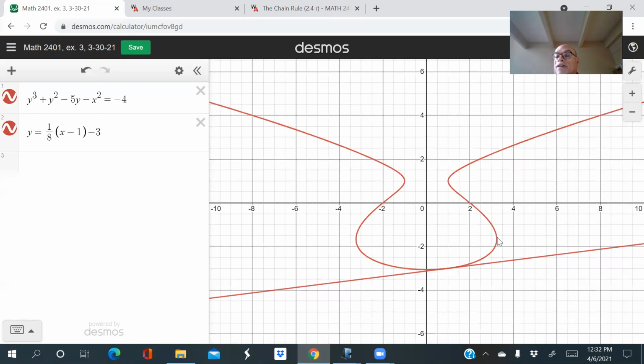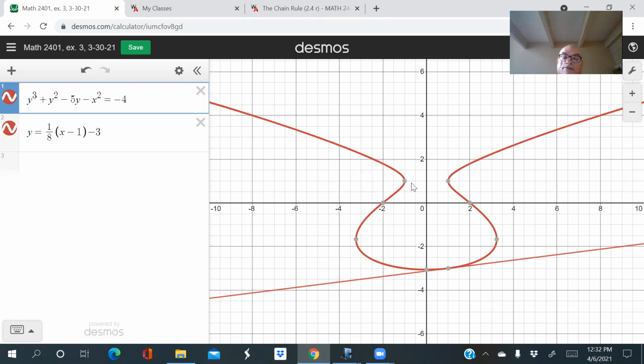We've been kind of obsessed with horizontal tangent lines, but curves can have vertical ones as well. There's also a point that's going to have a vertical tangent line if you draw it. And this symmetric point on the other side will also have a vertical tangent line, and this point also.